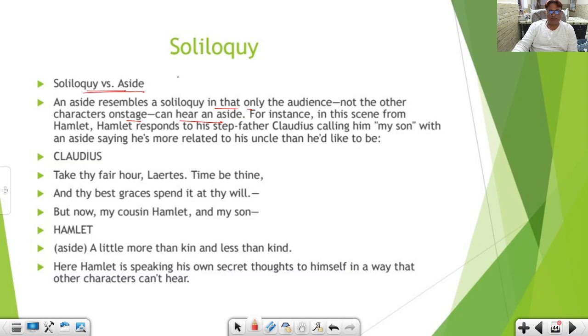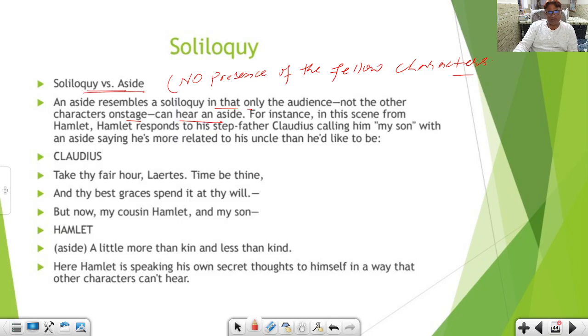Because in both the conditions, only the audience hears, not the other characters. Okay, no presence of the fellow characters. Okay, that is the clear thing.